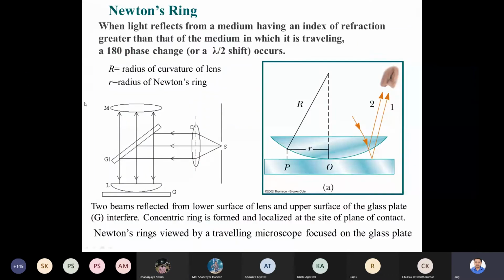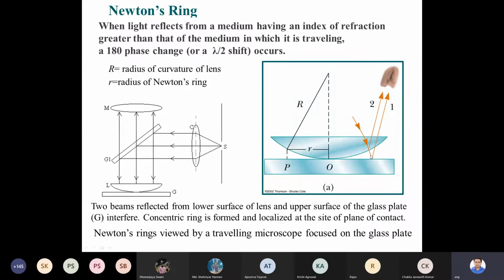So go back to this one. This incident light is normally falling on this planar convex lens. And then what is happening here, now you just focus on this one. This is refracting in the lens, and then it is reflecting through this curved surface, and then it is refracting to another medium.